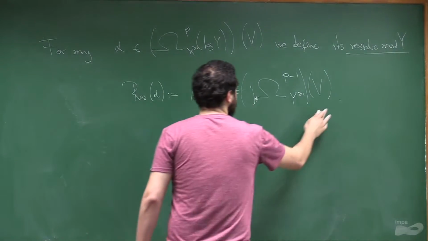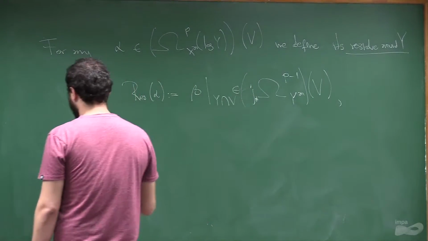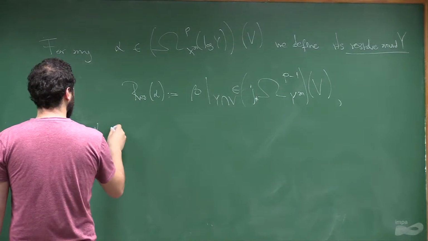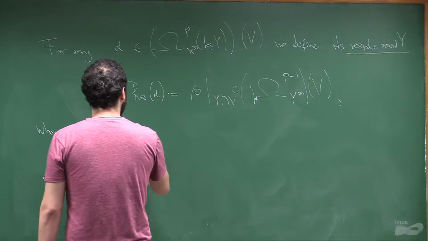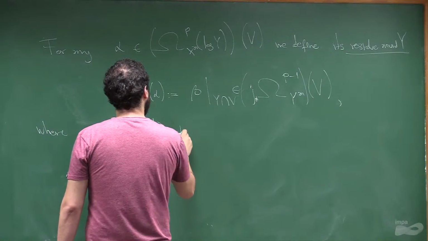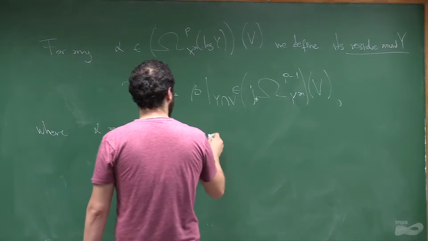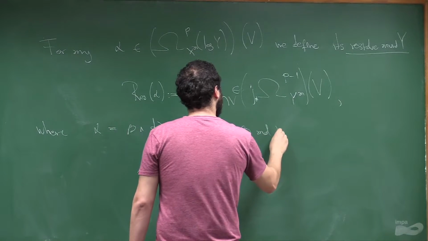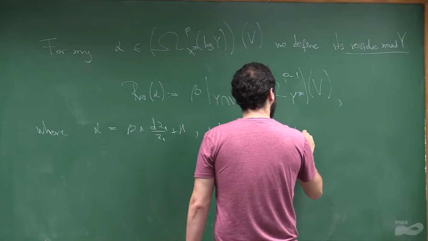Right, and what is this beta? So alpha is written locally as beta wedge dz_1 over z_1 plus some gamma, with beta and gamma holomorphic forms.